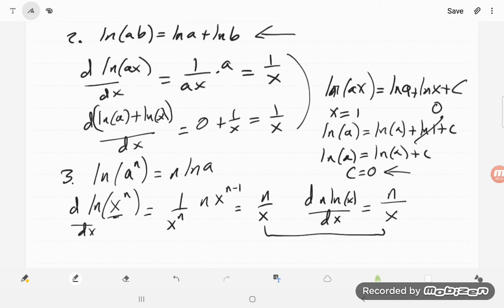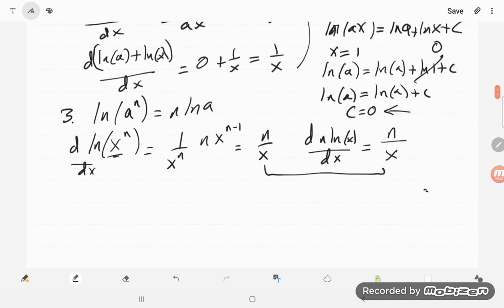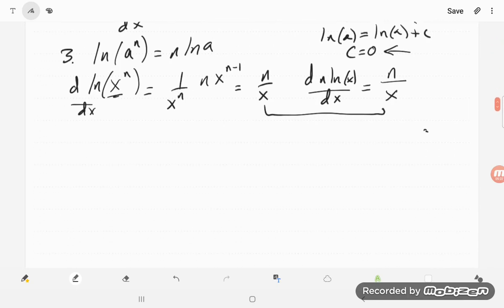I think I'll have to, let's see. Oh wait, I still have more room. Silly me. Okay, so I'll keep going. Sorry about that. Like I say, new tablet, new software, trying to figure it all out.